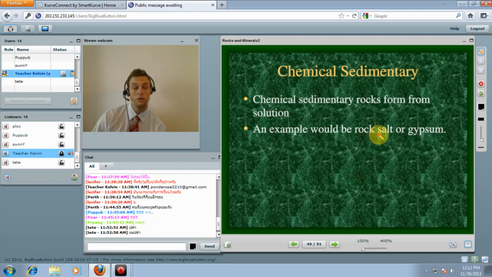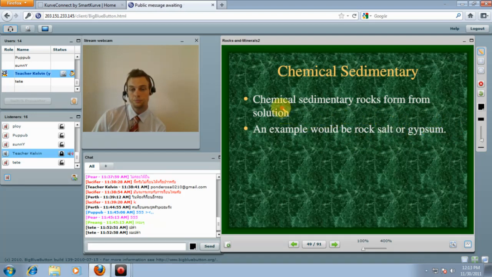This is called rock salt, and this is a mineral. It's inorganic, naturally occurring, has a crystal structure. It's just once you expose rock salt to water again, it may dissolve again. So gypsum is another example of the same thing.